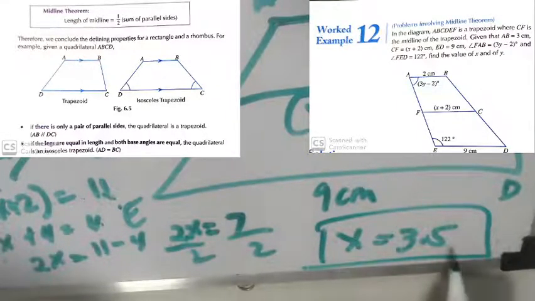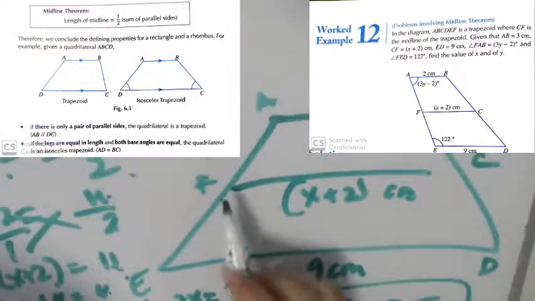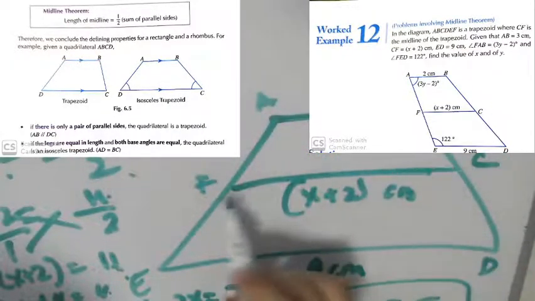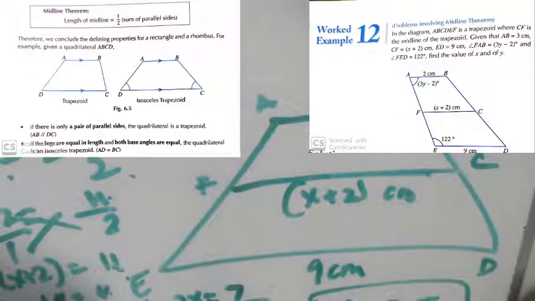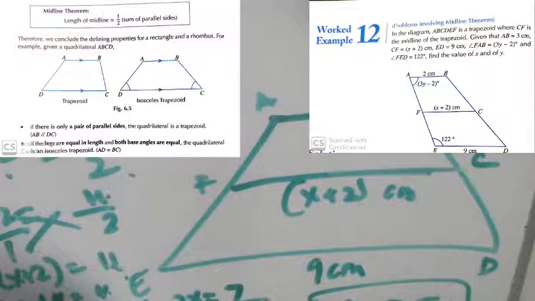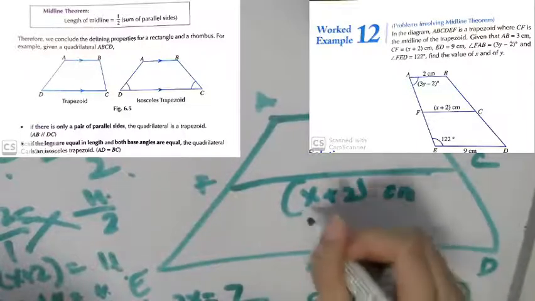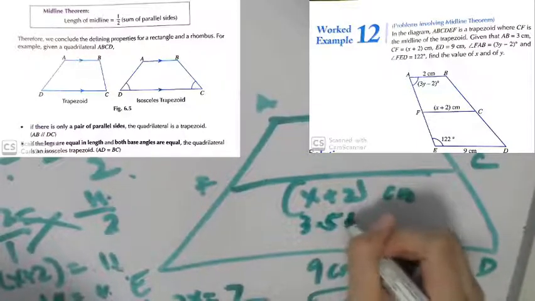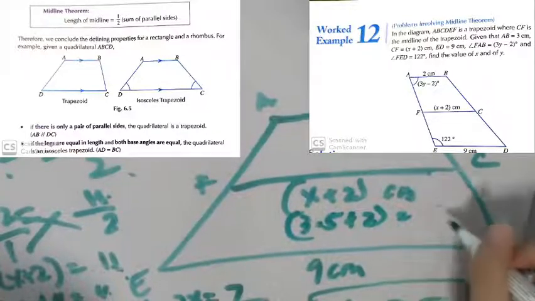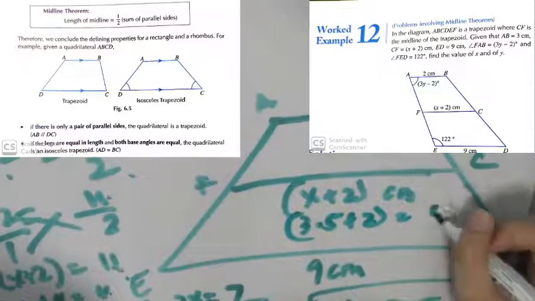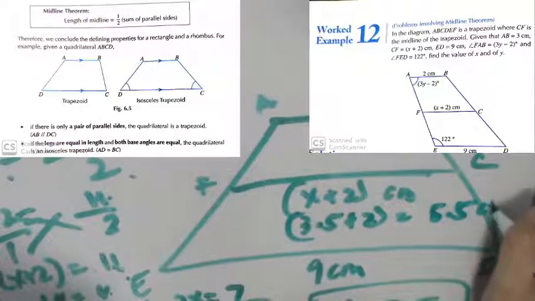So, the value of x is 3.5, but the question here is, what is the length of FC? For us to be able to find the length of FC, we are going to make x be 3.5. If x is 3.5, we have here 3.5 plus 2, and 3.5 plus 2 will give us 5.5 cm.